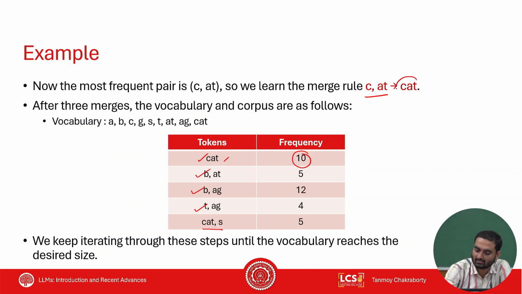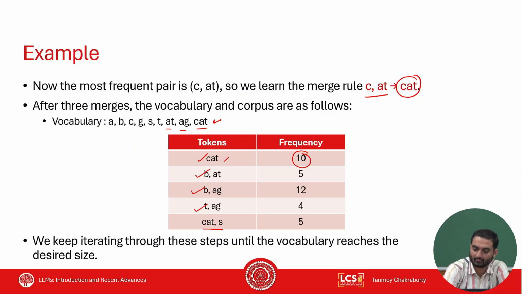So the word cat will now be added to the vocabulary. Along with AT and AG, a new token which is added is CAT. So all appearances of C comma AT will be replaced by CAT.